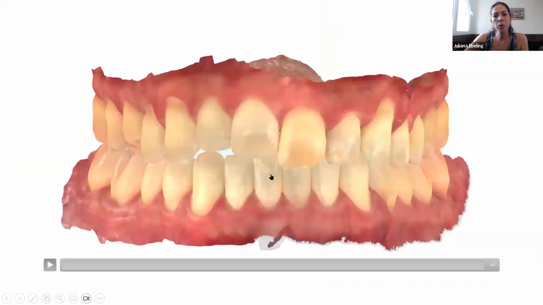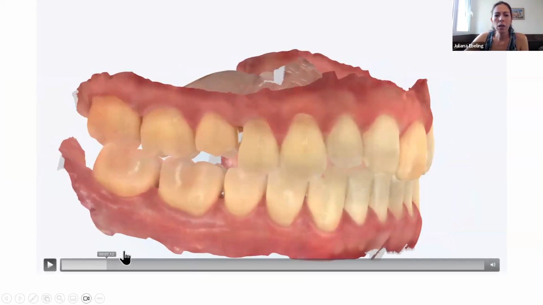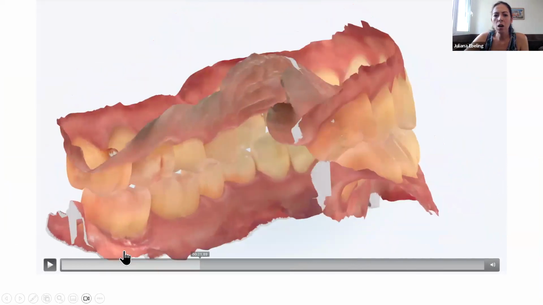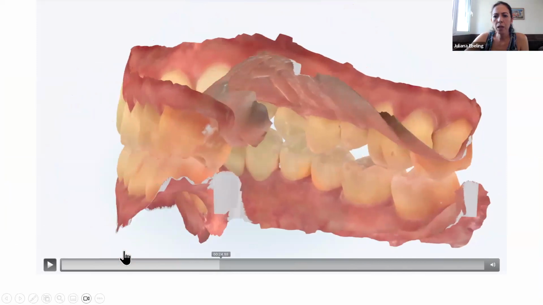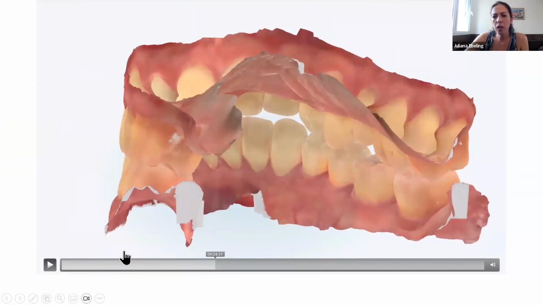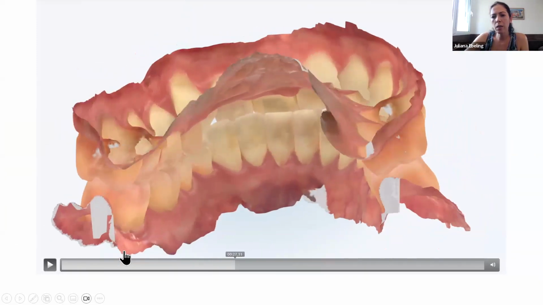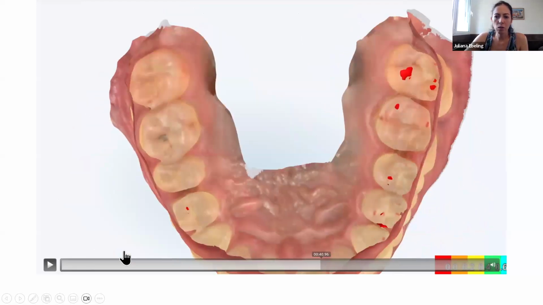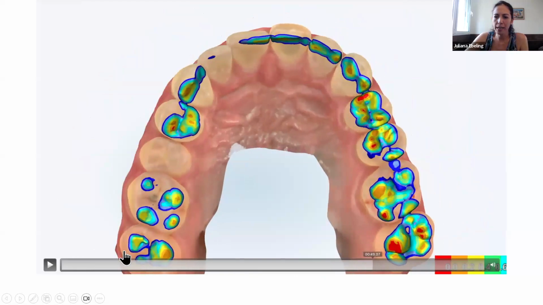But we made the possible movements, and we reached a good position of these teeth, a good relation between the cusps, as much as was possible, but at the end we had a very bad contact distribution, very bad.